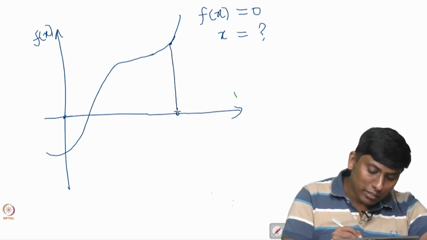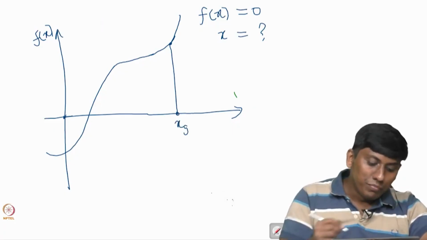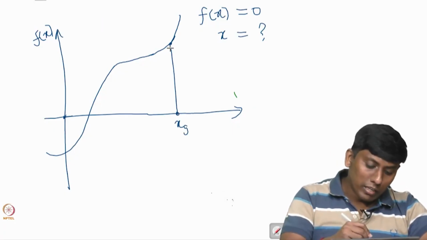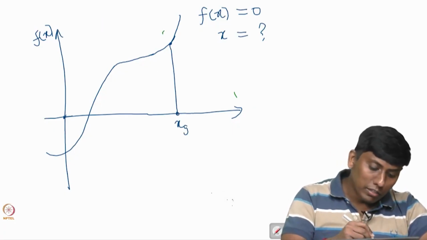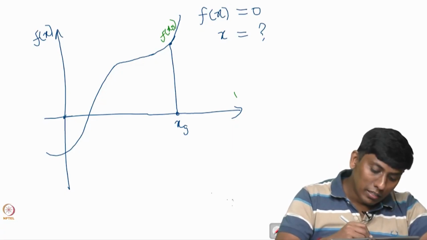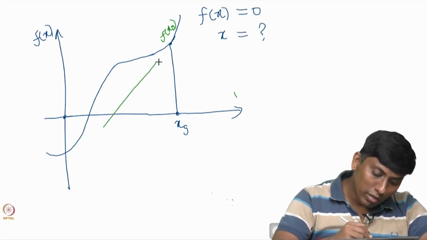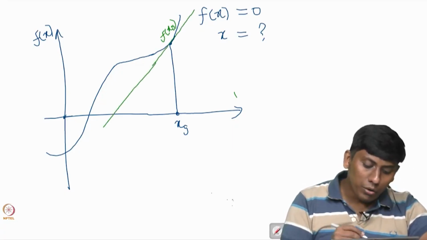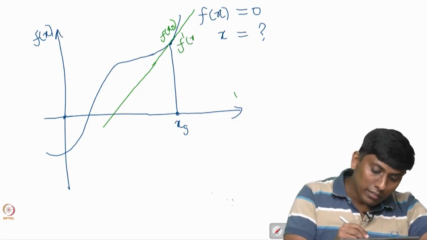This is my initial guess, which I call xg. Now the slope and the function value at xg I can find. The slope comes like this, so this is f dash of xg.